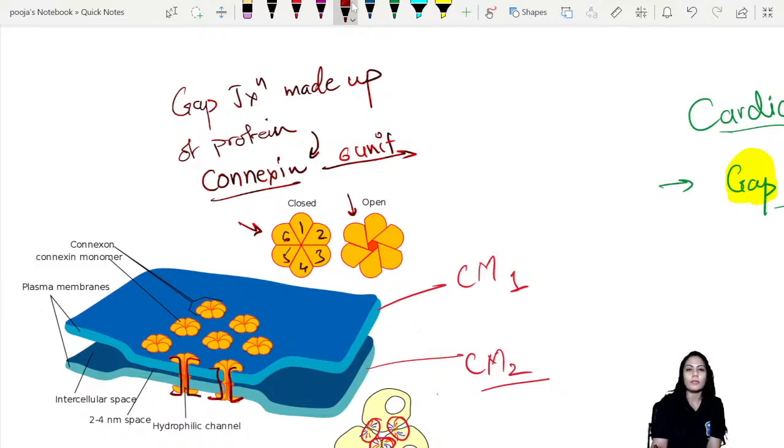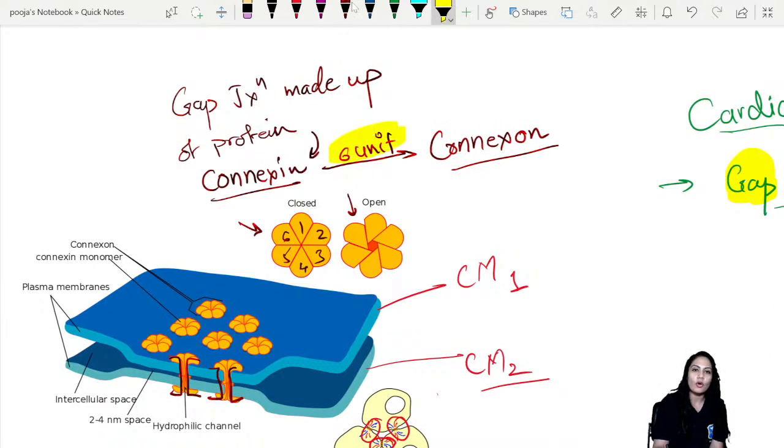Six such subunits come together in a circular manner, and they form something called a connexon. So a bundle containing 6 connexins is called a connexon. This connexon is nothing but the gap junction.